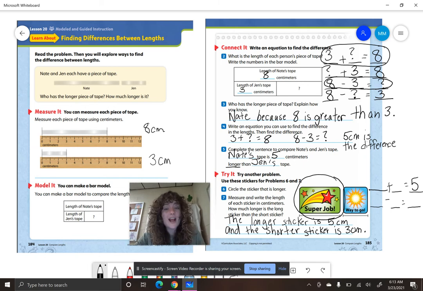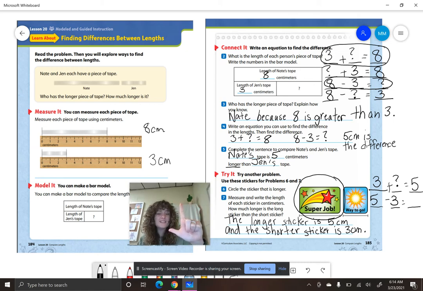And when we subtract, we always start with our whole. All right, and the part that we know is 3 centimeters. We don't know the difference yet, but when we subtract, we can start with what we know. We can start with our whole, take away what we know, and find our difference.